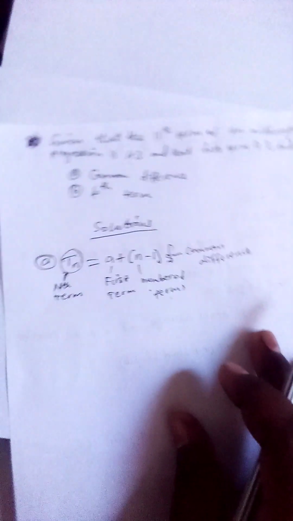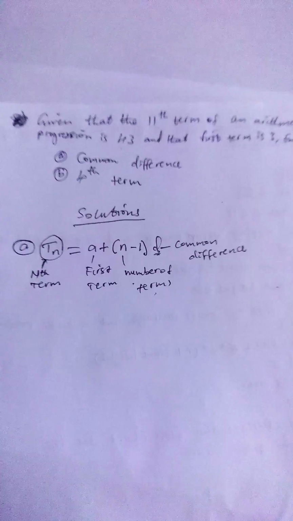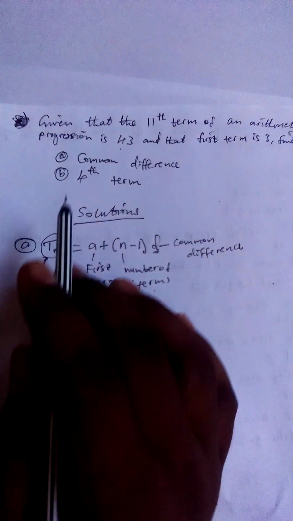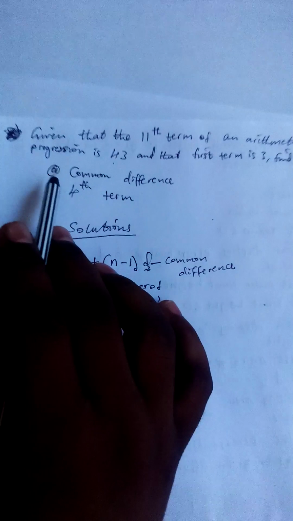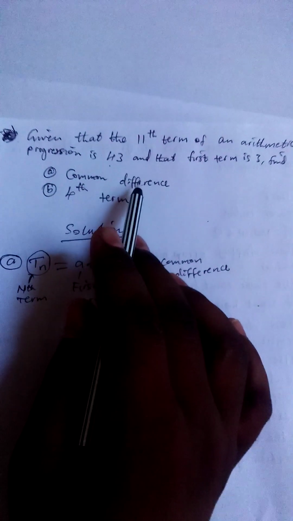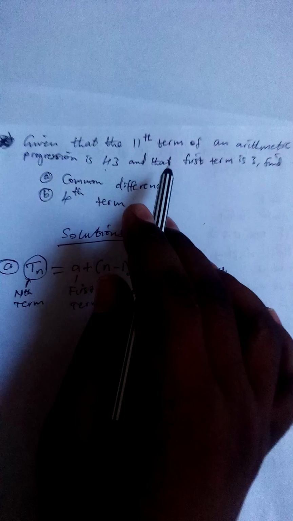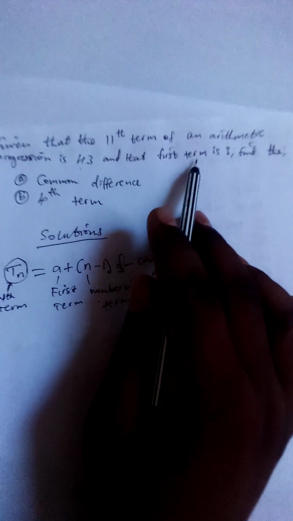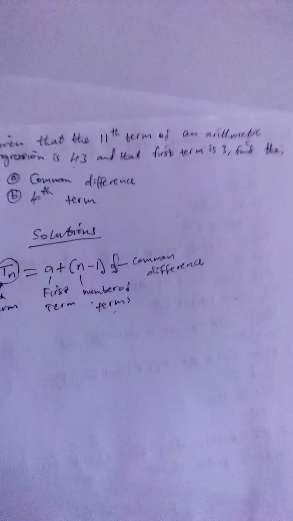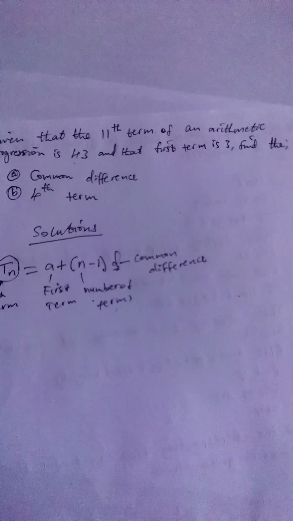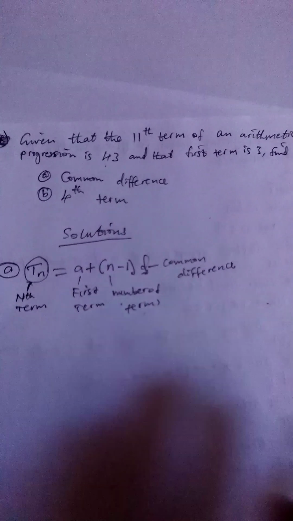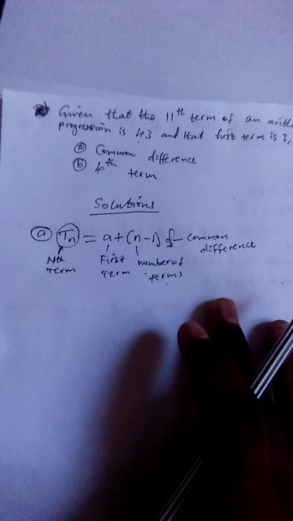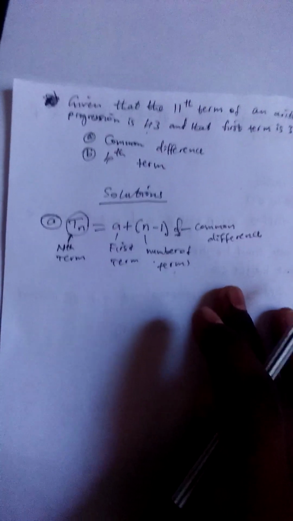Now the question, remember, is saying, given that the 11th term of an arithmetic progression is 43 and the first term is 3, find A, common difference, B, fourth term.